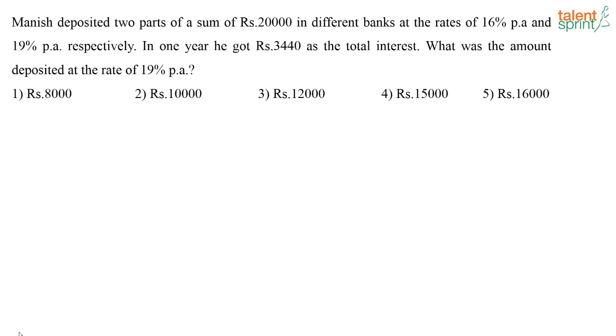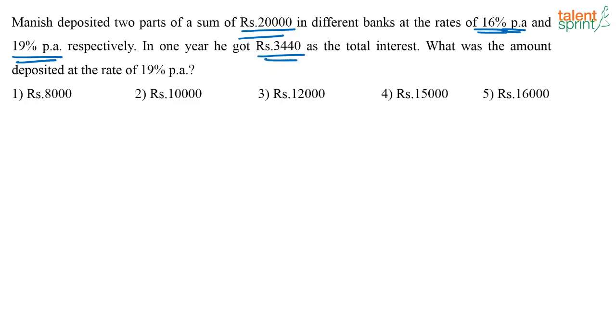See, whenever you have such questions, the easier way to approach it is to use the concept of allegation. So how would you solve this? See, Manish is depositing in different banks. Out of this total 20,000, some amount he is depositing at 16% per annum, and some amount he is depositing at 19% per annum, and net in 1 year he is getting 3,440 rupees as interest.